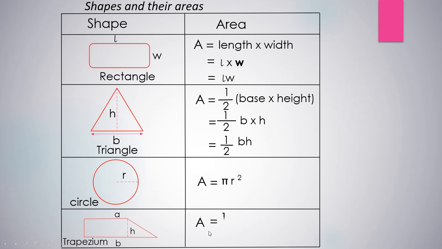And remember, it is a half times, or put in bracket, A plus B, close the bracket, H. A plus B means you first add the value of this length plus the value of this length, before you multiply by h and multiply by a half.